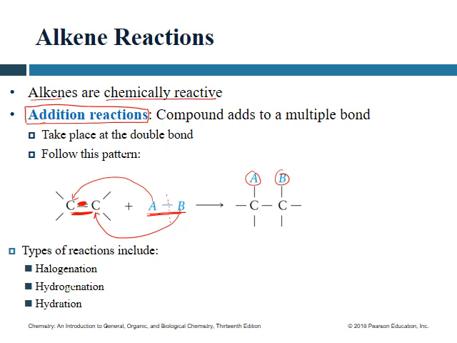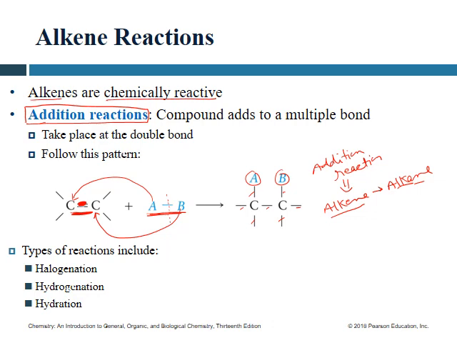So whenever you have an addition reaction, you are converting an alkene to an alkane, because now you have all single bonds, no double bond is present. So whenever you do an addition reaction, always remember you're converting alkene to alkane, right?